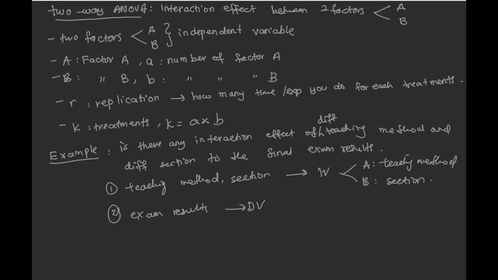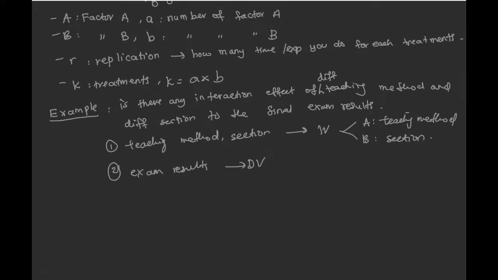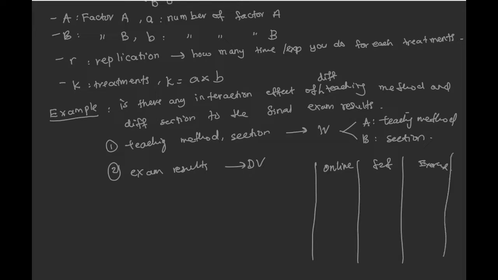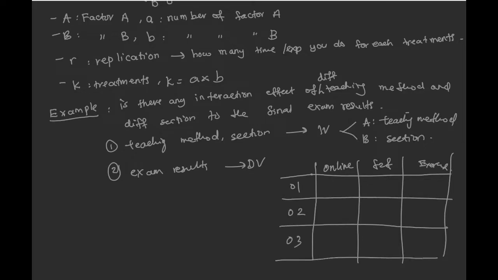So does using different teaching methods and different sections give different results? For example, like this, I have online learning, face-to-face learning, and exercise learning. Okay, so this is my factor A, teaching method, and I have section 1, section 2, and section 3.